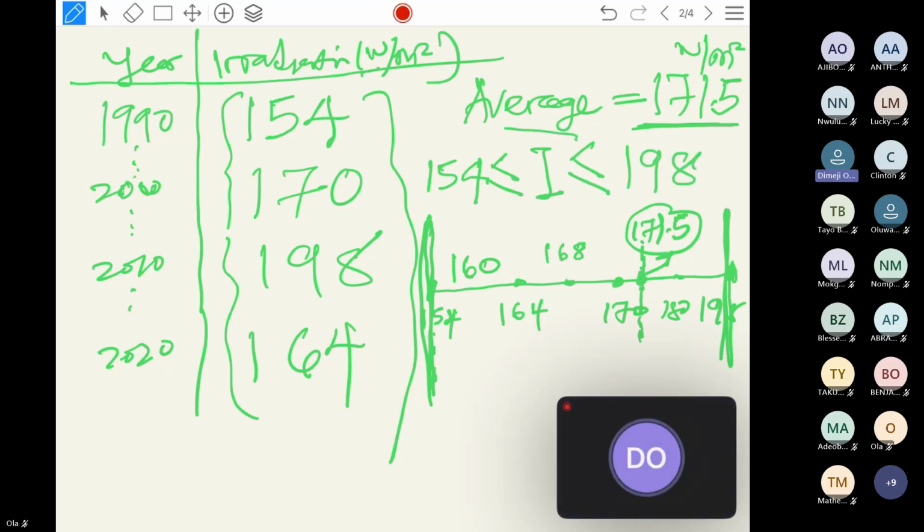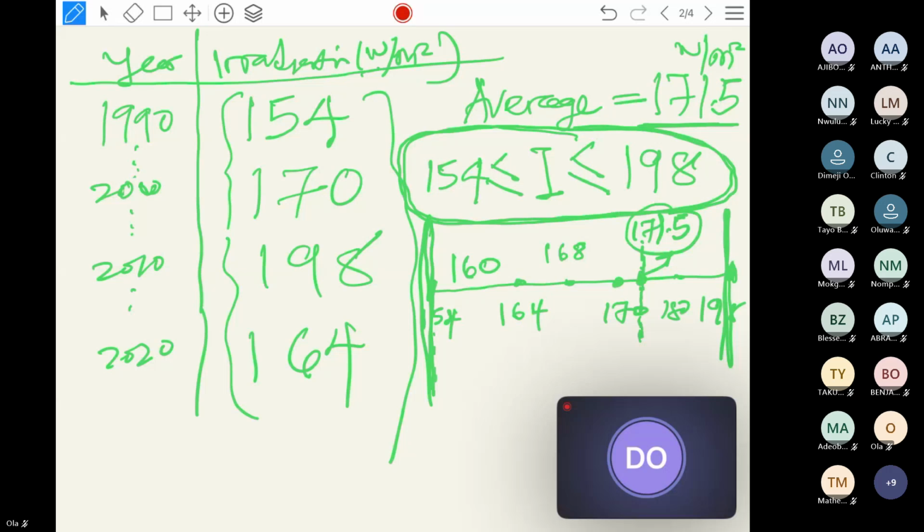So within this boundary, it gives you the opportunity to have whatever irradiation. This particular solution is fine with it. It will not shake. But if you just use the average value of 171.5, it's going to have issues in the long run.